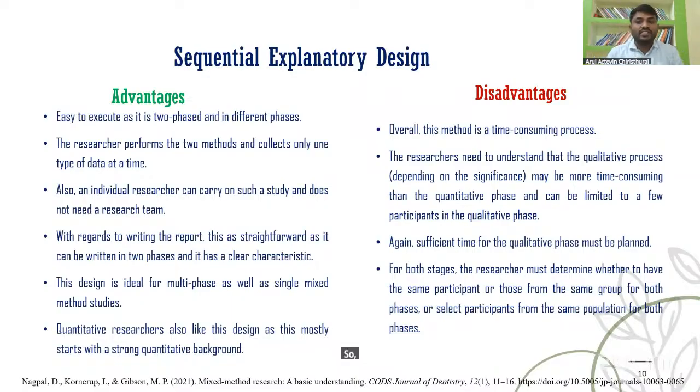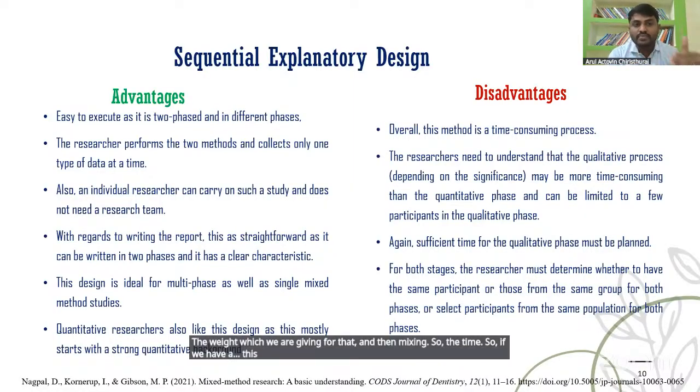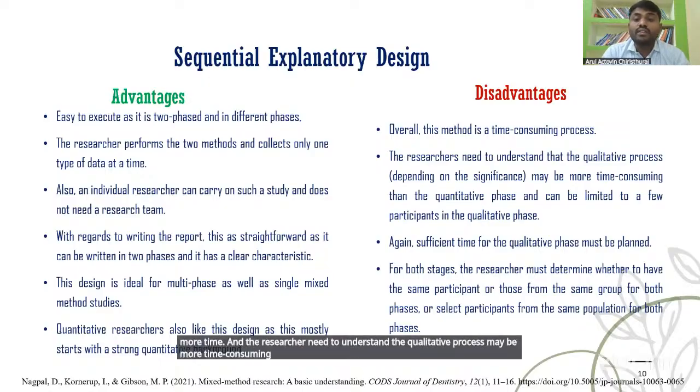What are the pros and cons of this design? So the time duration. I already told you previously: time, weighting, and mixing. The weight which you are giving, and then mixing. So the time: if we have two types, we finish the quantitative, and only then follow with the qualitative. Obviously, it will take more time. The researcher needs to understand the qualitative process may be more time consuming than the quantitative phase.